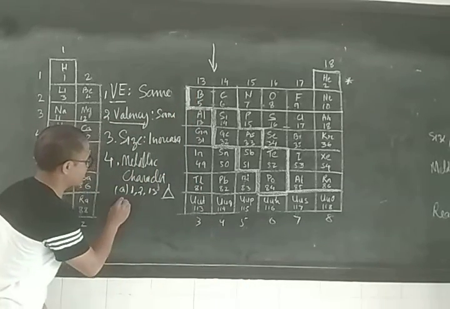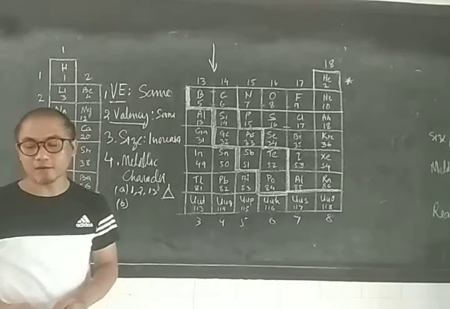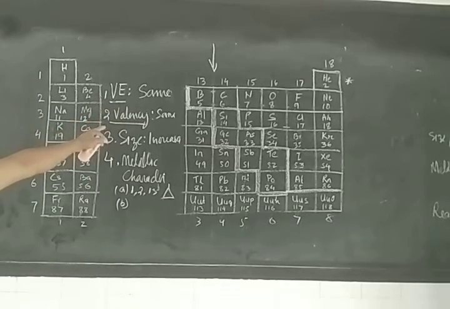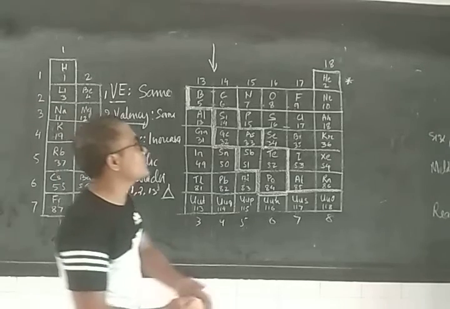And B, yeah, we have 2. And B, as one moves down from top to bottom, what happened to the B? While going down in the group of non-metals, that's 14, 15, 16 and 17, the electronegative character of non-metals decreases.